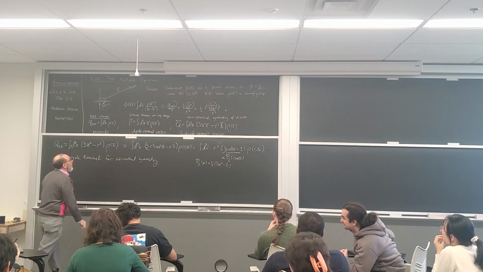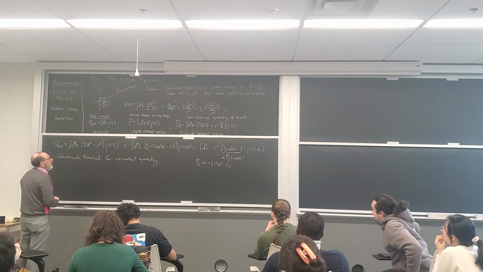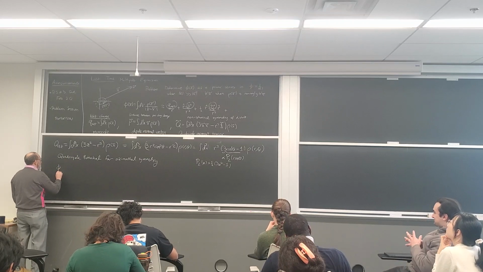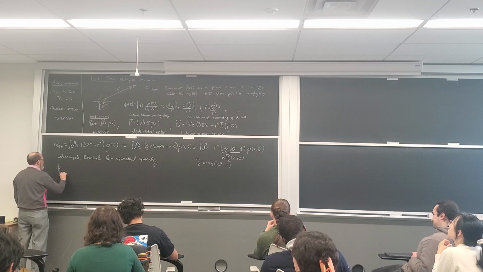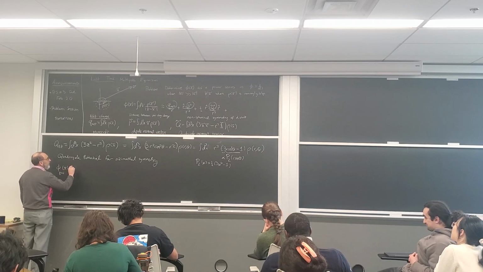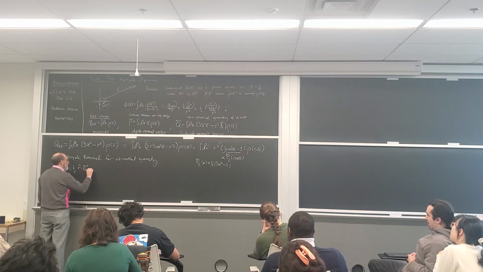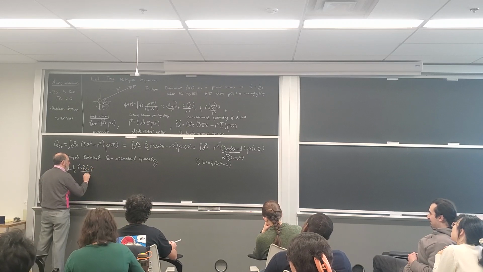So the quadrupole part of the potential, I'll just rewrite it again, is 1/2 r hat dot Q dot r hat over r to the third.